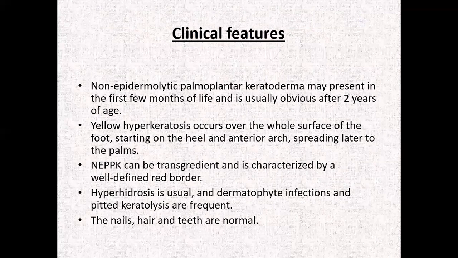The non-epidermolytic palmoplantar keratodermas may present in first few months of life and usually obvious after 2 years of age. This is characterized by yellow hyperkeratosis occurring over the whole surface of the foot, starting on the heel and anterior arch and spreading later on to the palms as well. So there is diffuse hyperkeratosis that involves both the palmar and plantar skin.